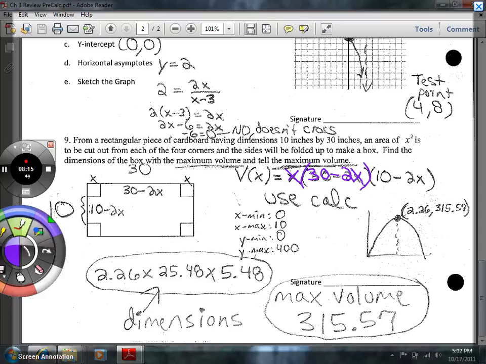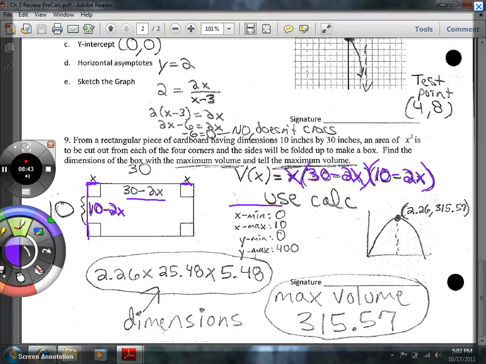If it starts off as 30 and you cut off this much and this much, that's 2x's, so 30 minus 2x, that's that length. And then the other length was 10, but you cut off x and you cut off x, so makes sense. It's going to be 10 minus 2x. So we come up with our function. So here's our function. And I think the best way to do this is just plug it into the calculator and then see what you get.